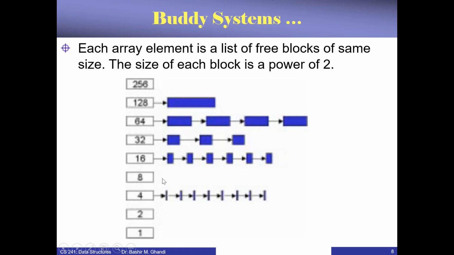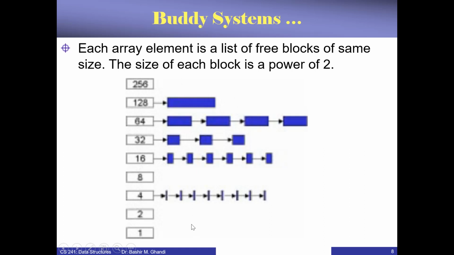No blocks of size 8, but there are blocks of size 16: 1, 2, 3, 4, 5, 6 of them. And we have a linked list of size 32 bytes, a linked list of size 64 bytes, a linked list of size 128 bytes.